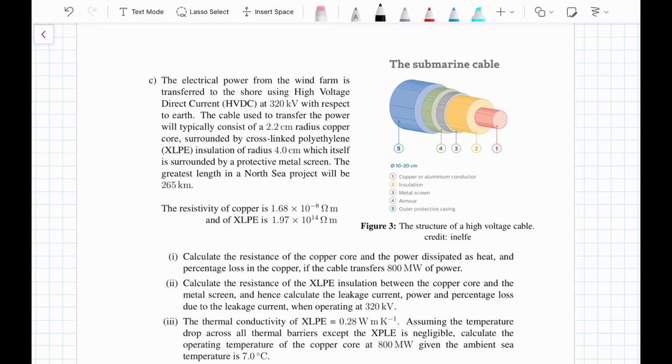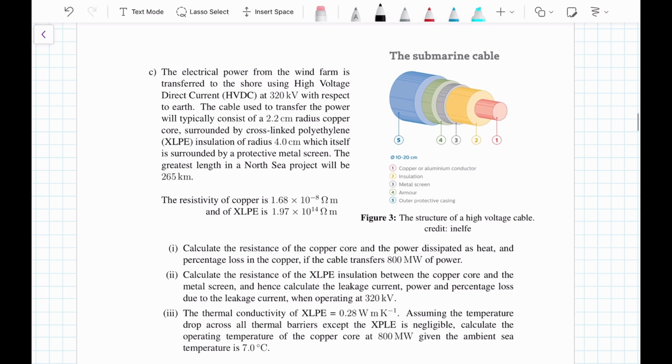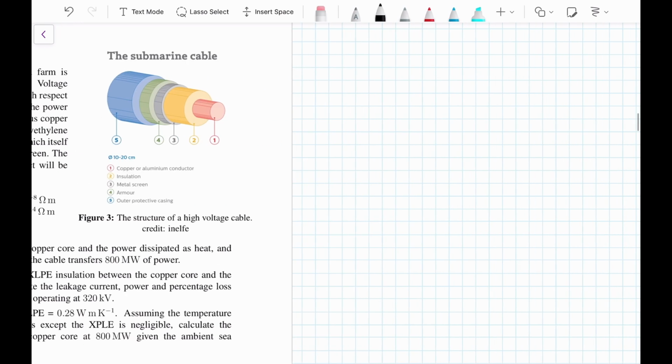And so the first part of the question wants us to calculate the resistance of the copper core, and the power dissipated as heat, and the percentage loss in the copper if the cable transfers 800 megawatts of power.